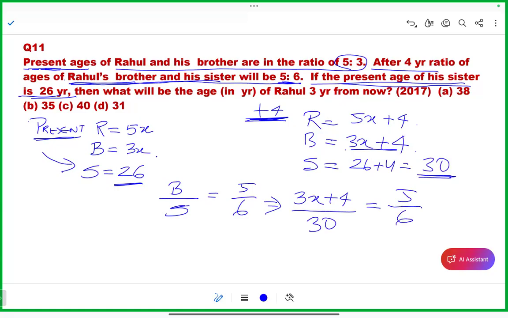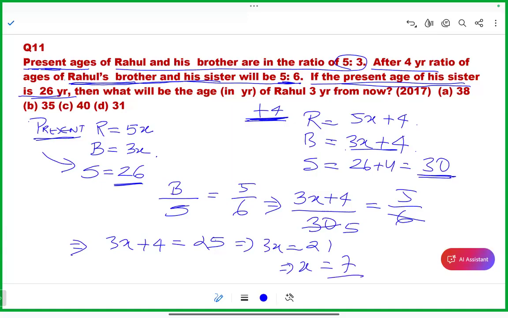Now you can cancel directly: 6 fives are 30. This gives 3x plus 4 equals 25, so 3x equals 21, and x equals 7.